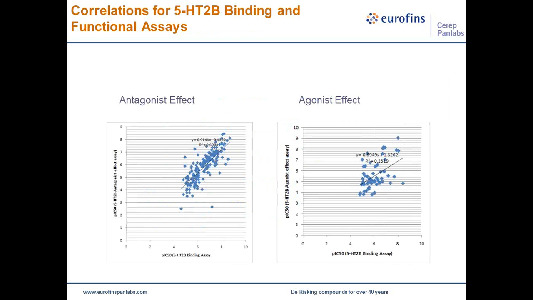And finally, a question we often get asked because, as I mentioned before, a lot of the in vitro pharmacology bindings need to be followed up if they're hits. And so people generally want to know whether there's a good correlation between the binding assay data and the functional assay data.